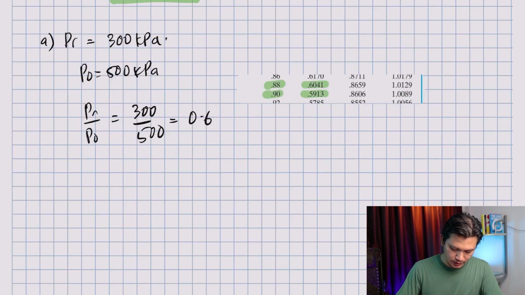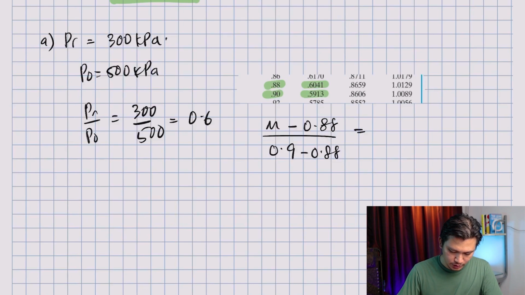So our Mach number minus 0.88 over 0.9 minus 0.88 is equal to our pressure ratio, which is 0.6 minus 0.6041 divided by 0.5913 minus 0.6041.